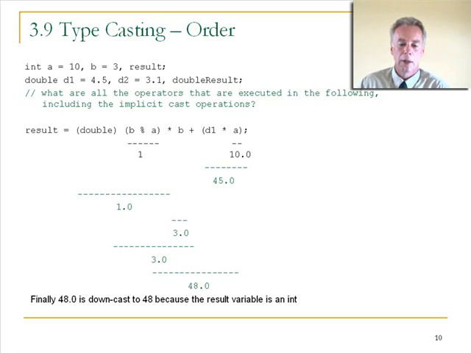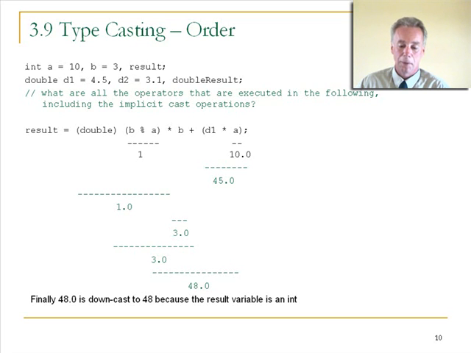So now we have d1 times 10.0. d1 is 4.5. 4.5 times 10.0 is 45.0. And what happens next? The explicit upcast changes 1 into 1.0, then the multiply, resulting in 3.0, and then the addition, 3.0 plus 45.0 is 48.0.